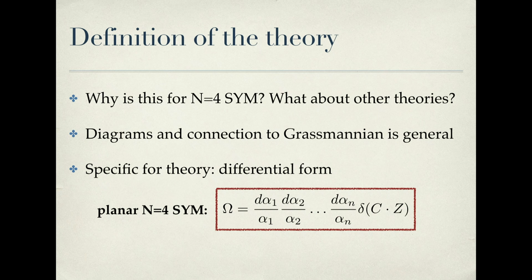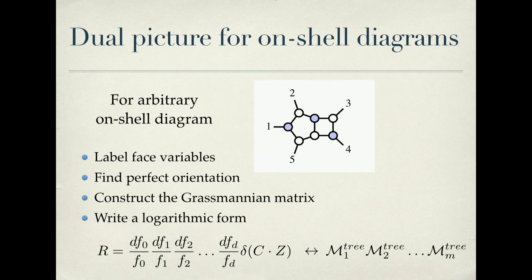Now, why is this true, and why is it for n equals 4, and why is it not for other theories, or how is it related? It seems completely ad hoc. Now, the connection of these diagrams and the Grassmannian is very general, because before I specify the formula, the Grassmannian matrix is associated with the diagram.